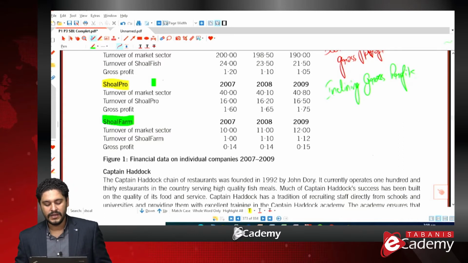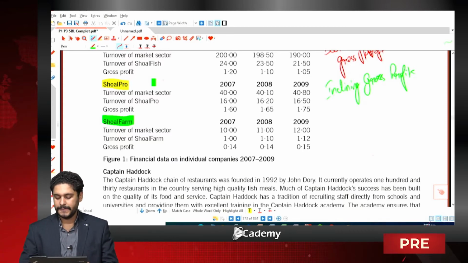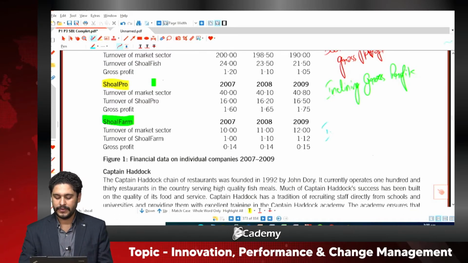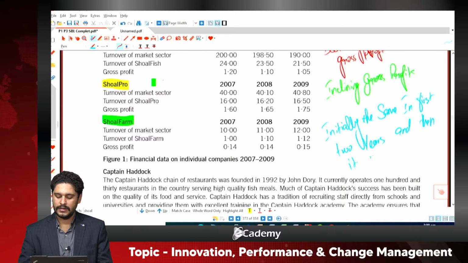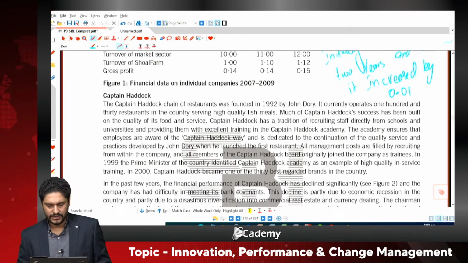Turnover of Shoal PLC is 1, 1.1 and 1.12, and the gross profit was initially the same in the first 2 years, and then it increased by 0.01, which is a very slight increase, obviously, but yes, it's an increase, so we should highlight this.